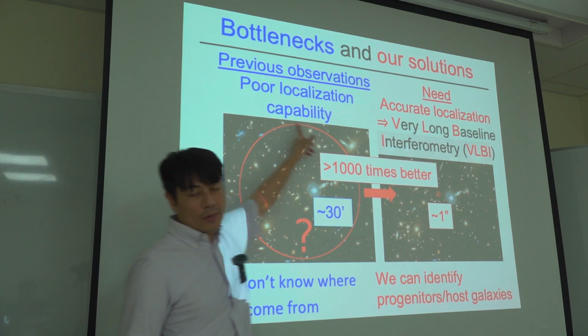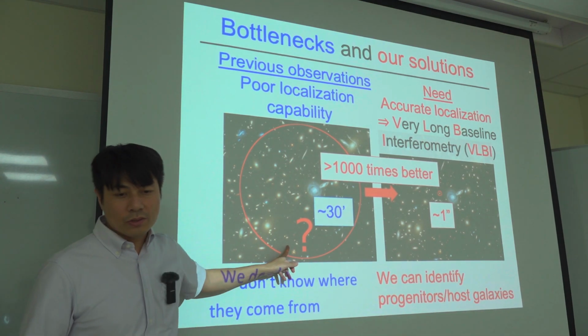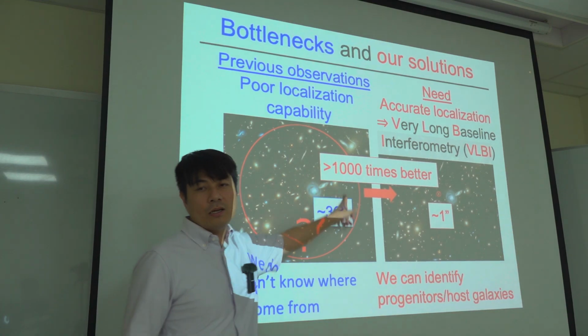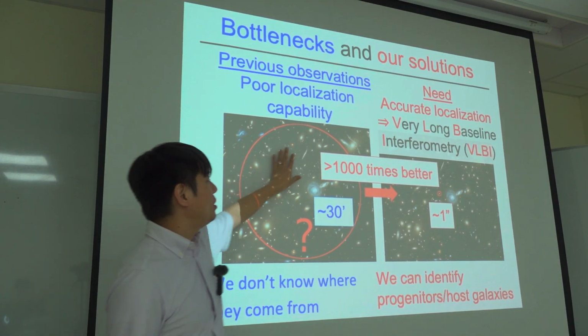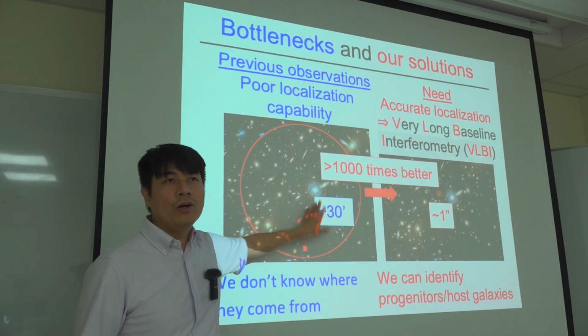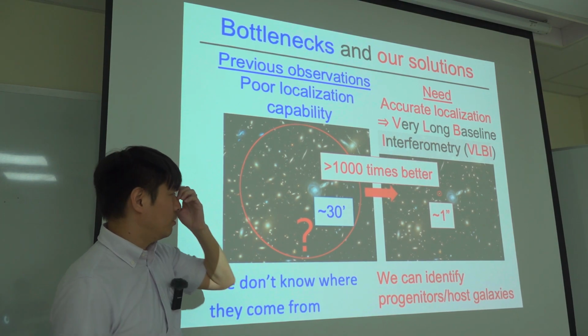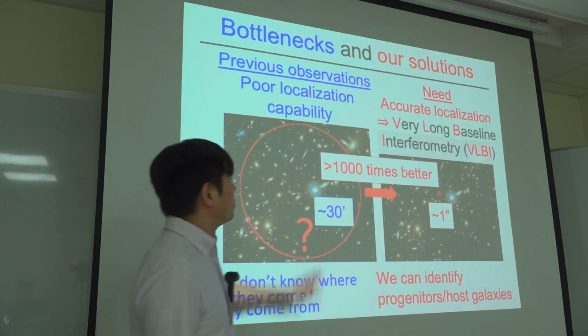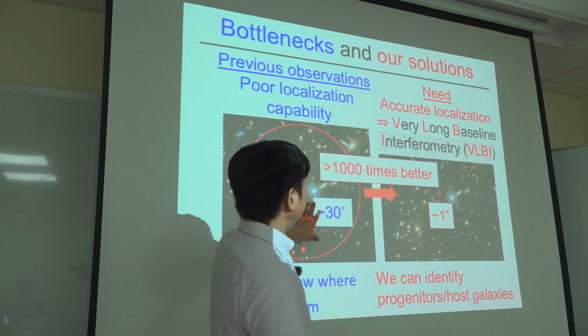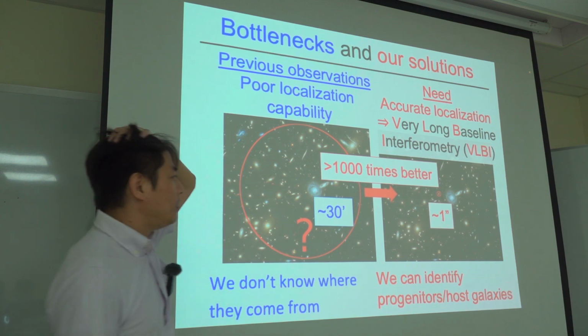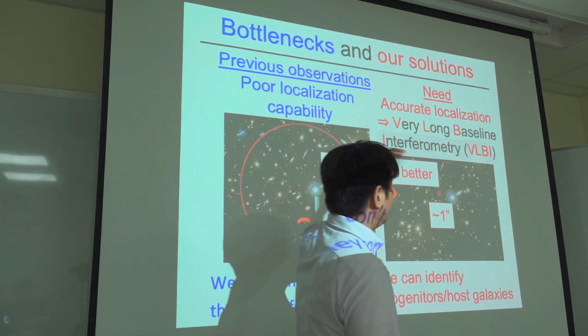There's a large error circle on the sky. We don't know where it comes from inside this error circle. There are so many objects inside the error circle, and we don't know which galaxy or which source it is. So we really have to make this error circle small to accurately pinpoint the location of an FRB on the sky.